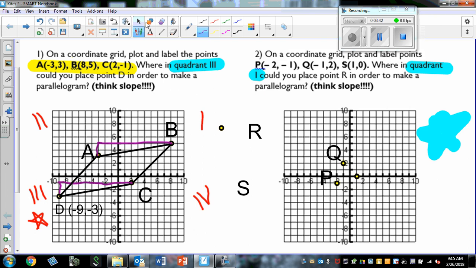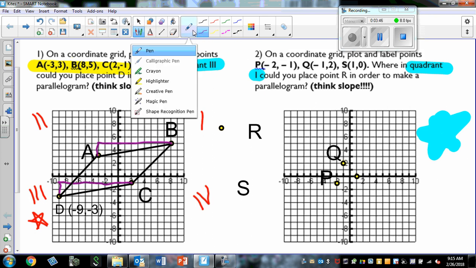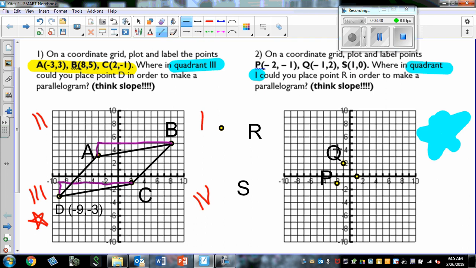So I'm going to go ahead and do the same thing I did before. I already know that we have PQ and PS. Let me drag S over there, sorry. I'm trying to figure out the corner opposite P. So using that same idea I did before, I'm going to count from P to Q. So P goes up 1, 2, 3 over 1.